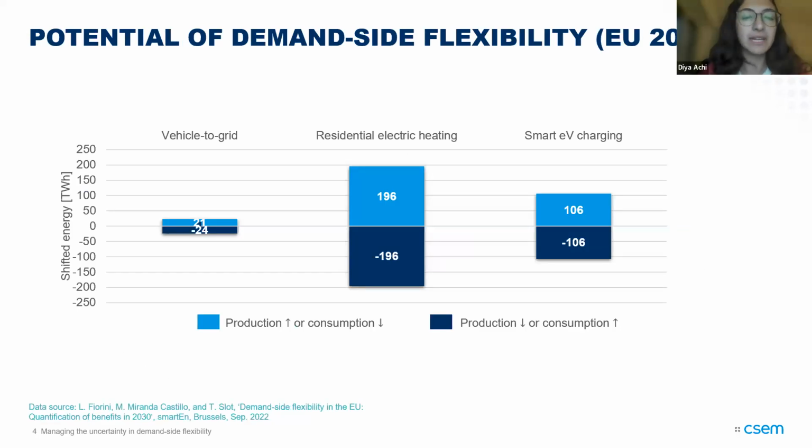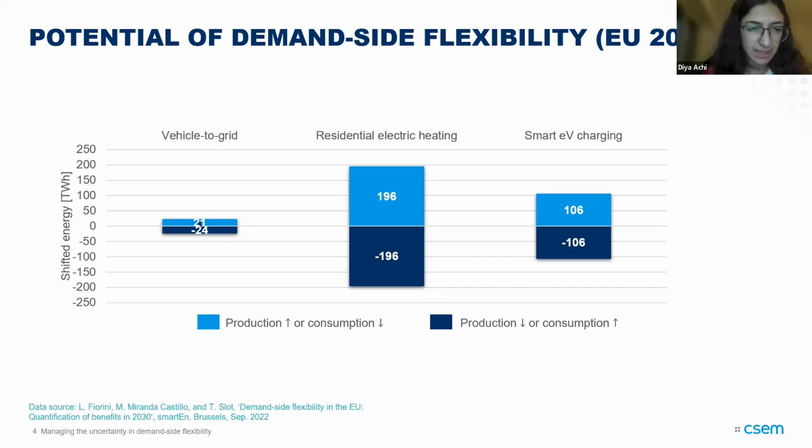And indeed, there is a clear potential in demand-side flexibility in different areas and different technologies. On this graph, you have the projected demand-side flexibility for the EU in 2030.